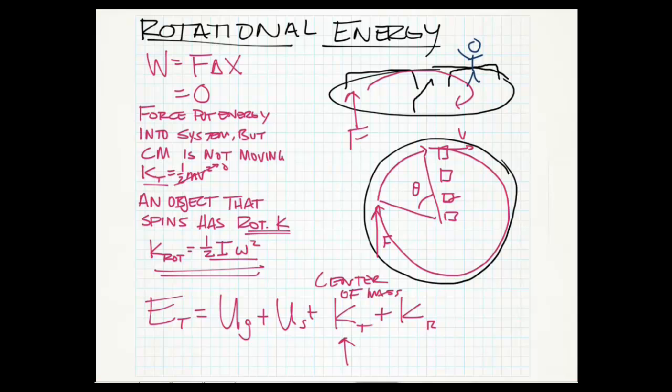At the same time, gravitational potential energy is also for the center of mass of an object. Obviously, if you have a spring, you have spring potential. And then rotational kinetic energy is for spinning. If something spins, we're going to consider rotational kinetic energy along with it. So, gravitational potential energy is for the center of mass. Translational kinetic energy is for the center of mass. Rotational kinetic energy is for something spinning.